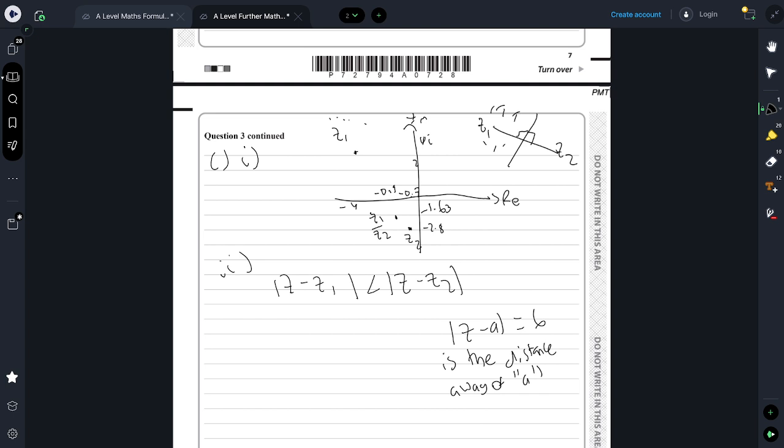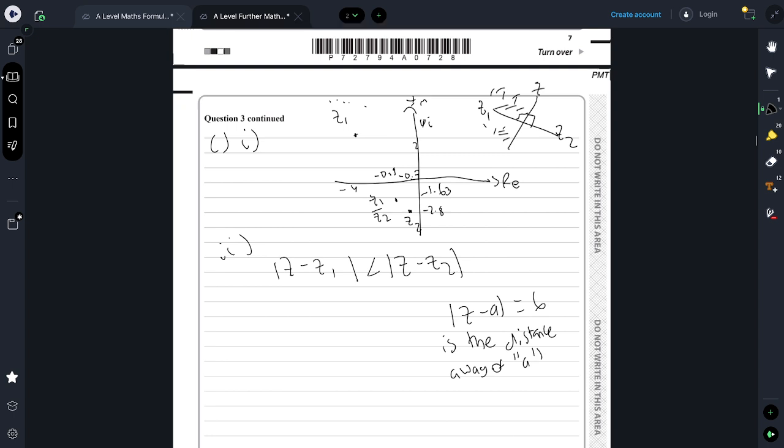And that's what we want. We want the distance. So this would be Z, right? This little line here, the perpendicular bisector. So this Z minus Z1, the distance of points to Z1 is closer than Z2. So we are interested in this region here.